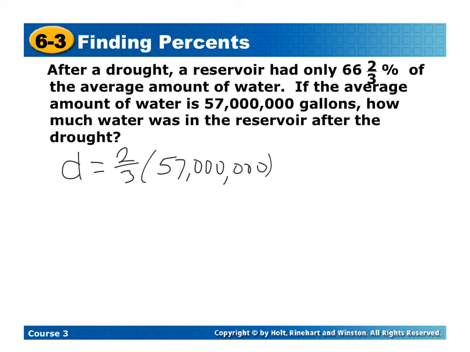So here, this is over 1, so I'm just going to go ahead and do that. So 2/3 times the 57 million. After the drought, they would have approximately 38 million gallons.